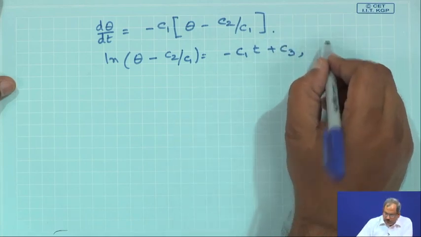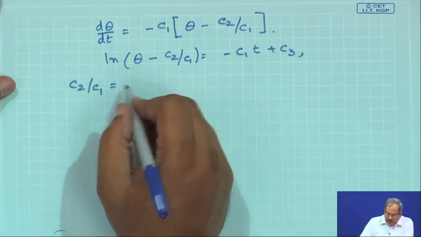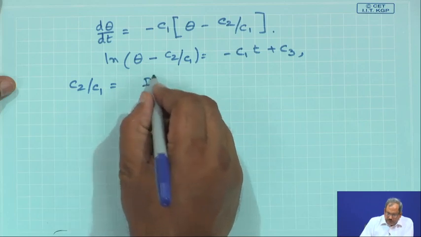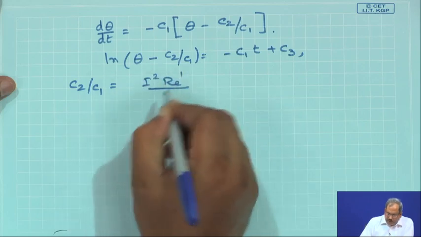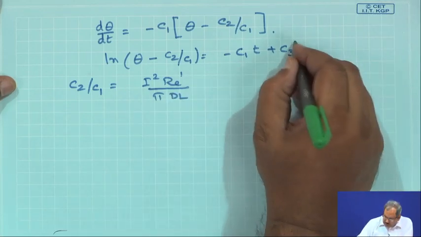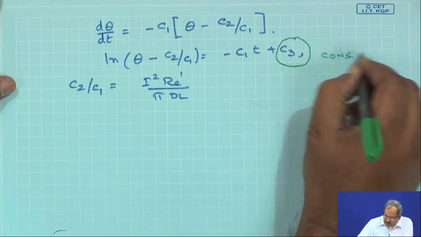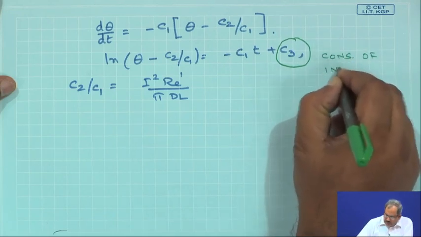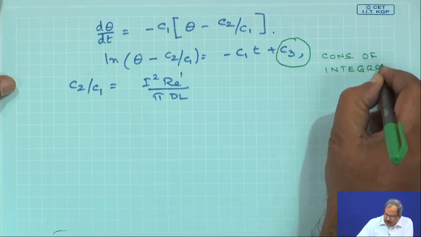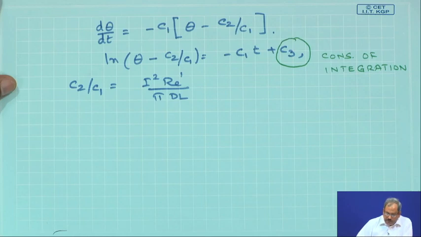where we can see that from our previous expression for C 2 and C 1, C 2 by C 1 would simply be I square R e prime by pi d L, and this C 3 is the constant of integration, which can be evaluated if we supply the appropriate boundary conditions.